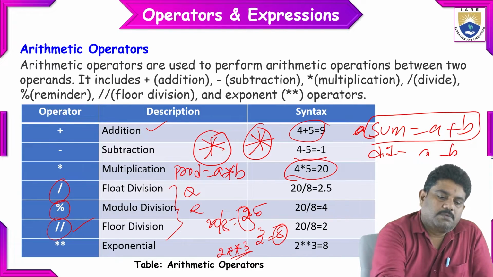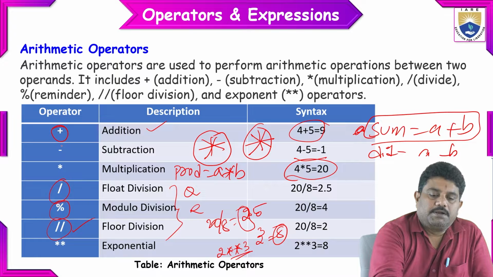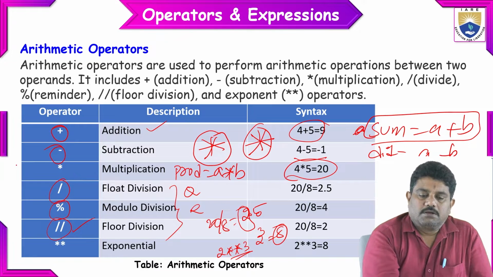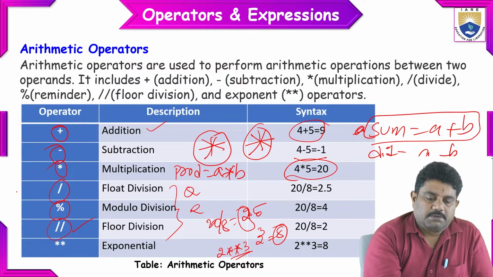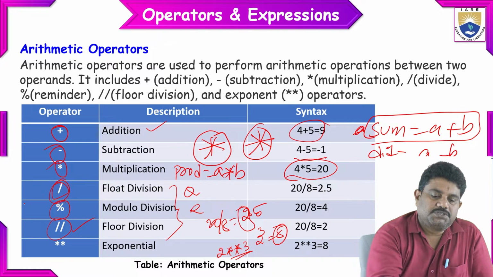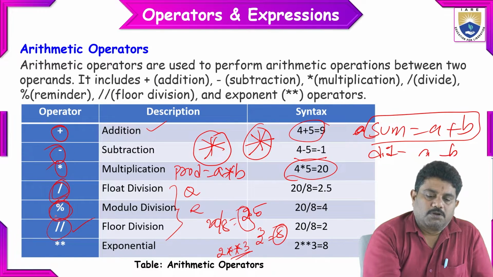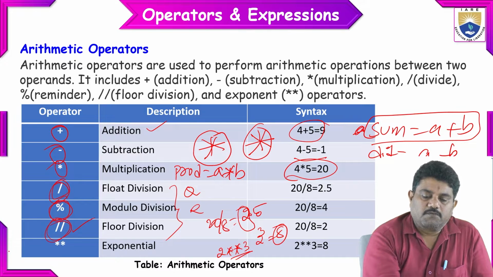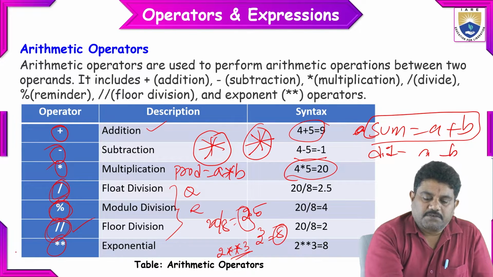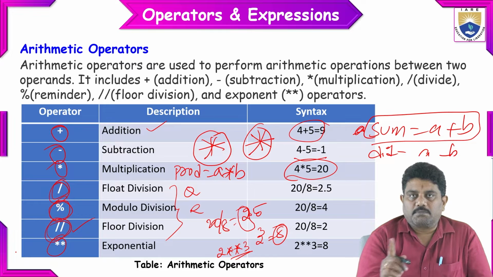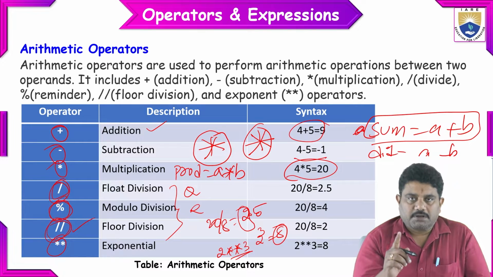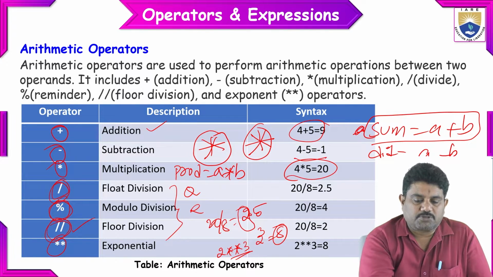These are the symbols: plus for addition, minus for subtraction, star for multiplication, slash for division, percentage for modulo division, double slash for floor division, and double star for exponential. Single star for multiplication, double star for exponential value.